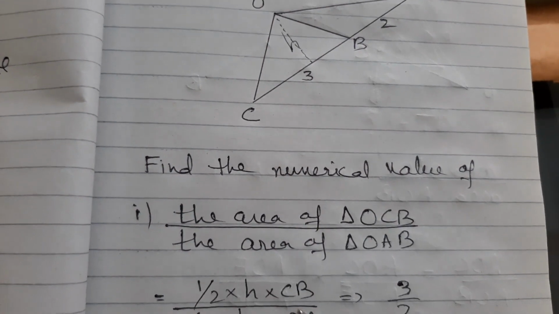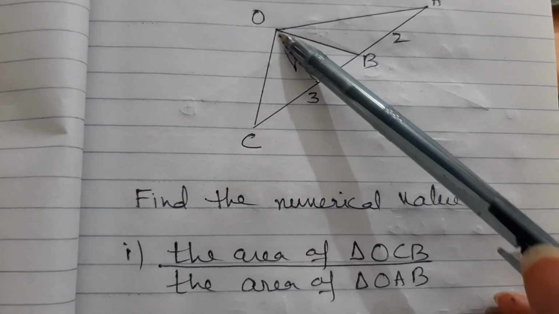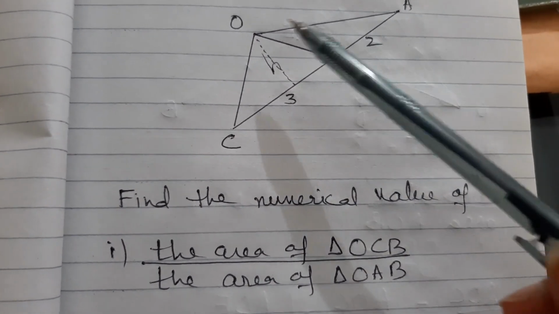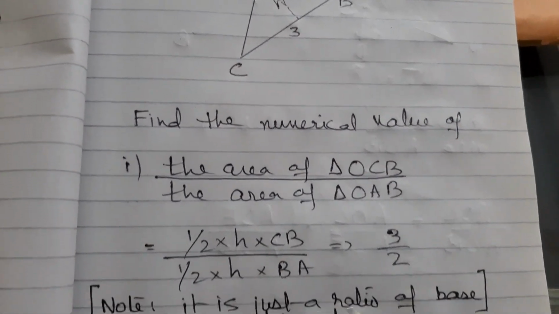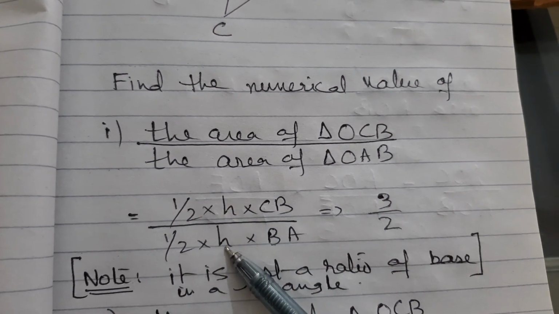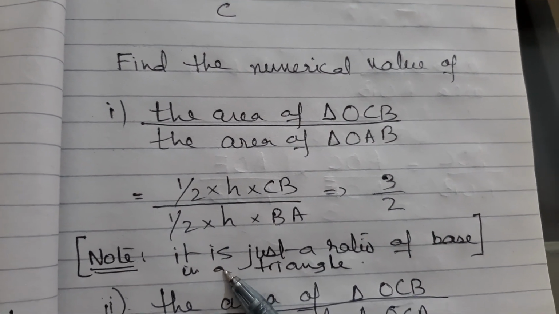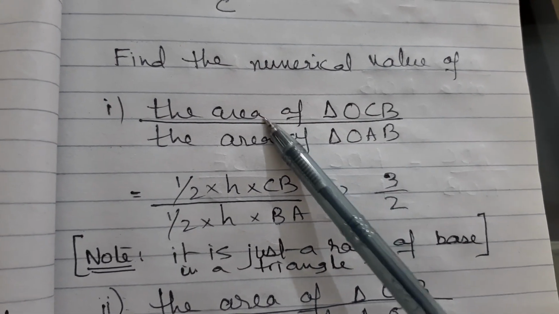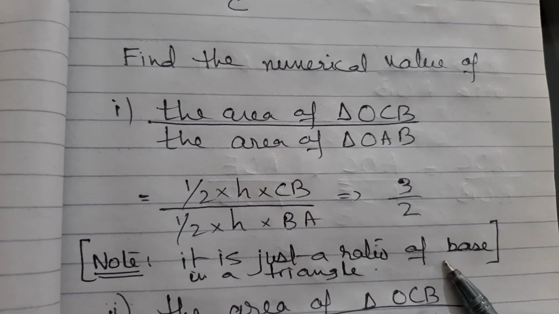Now I'm showing you in detail here. It is half into height into CB, and OAB will be half into height into BA, which is 2. So half will cancel out, height will cancel out, and 3 over 2 will be left behind. So what you have noticed here is that for the ratio of the areas of triangles which share a common height, you just pick up the bases.